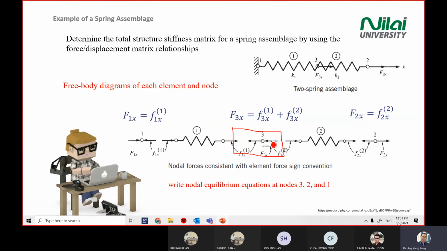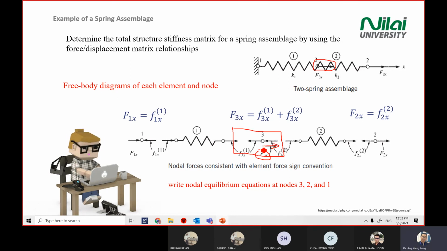Yeah, 3. One is external. This arrow is external, given by the question. Then there are two small arrows here, which represent the element arrows.